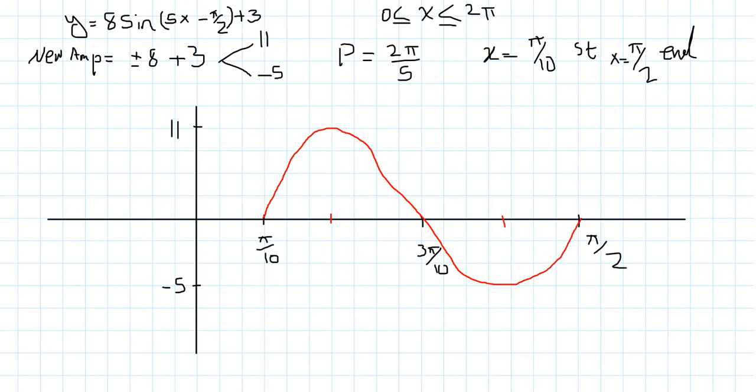The maximum point is this point, at my amplitude. So what is this point? We found it is 2 pi over 10. How? By pi over 10 plus 3 pi over 10 divided by 2. And this is 4 pi over 10, by 3 pi over 10 plus pi over 2 divided by 2. So easily we drew this graph. If you have this graph, you can draw it easily this way.